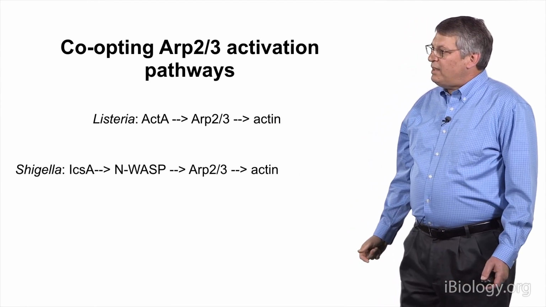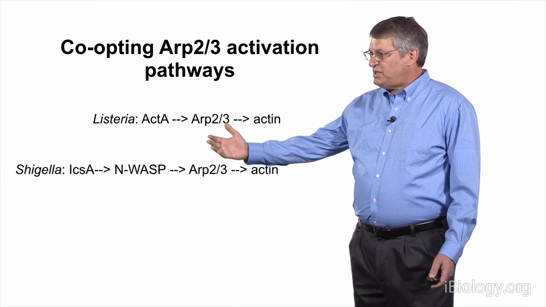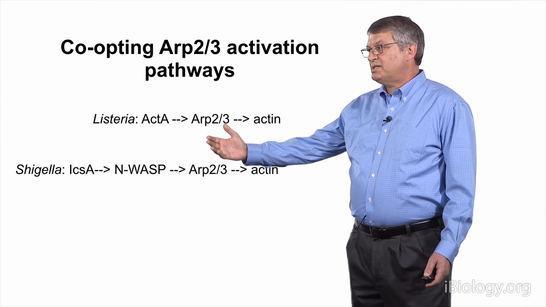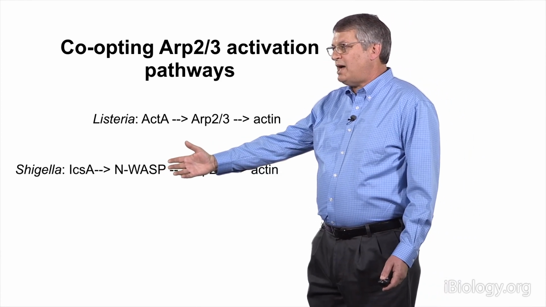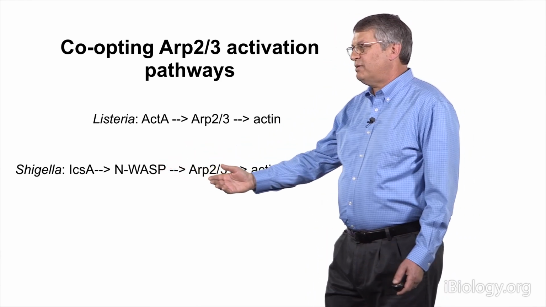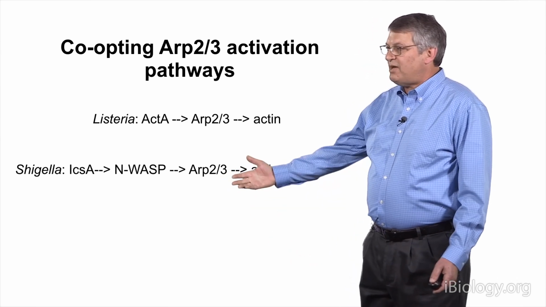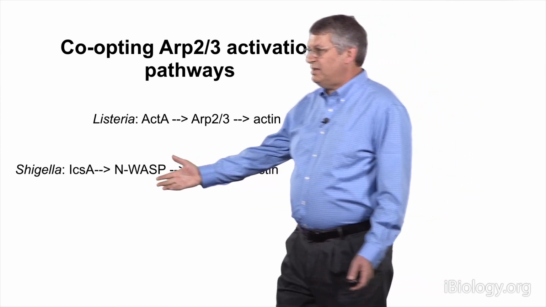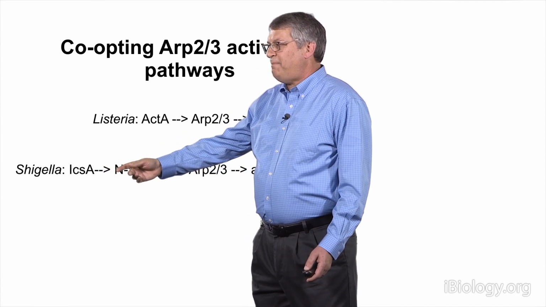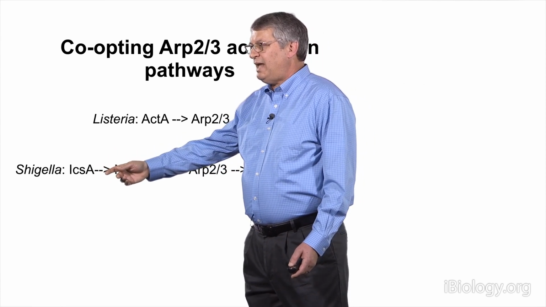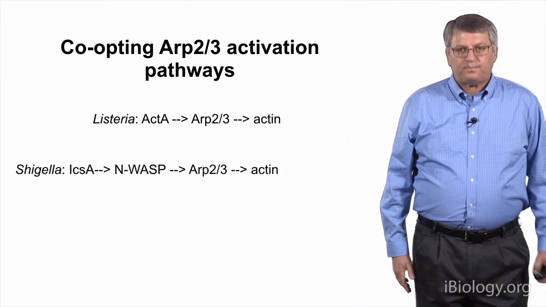So this led to the search for the host activator of the ARP2/3 complex, and several labs all at once identified this protein N-WASP as a cellular activator of this ARP2/3 complex, which was another important advance. It turns out that another pathogen called Shigella intercepts the same assembly pathway, but it does it upstream from N-WASP, and it activates N-WASP to turn on actin assembly.